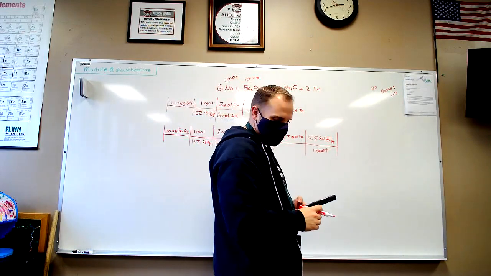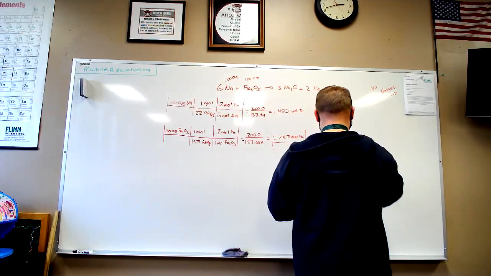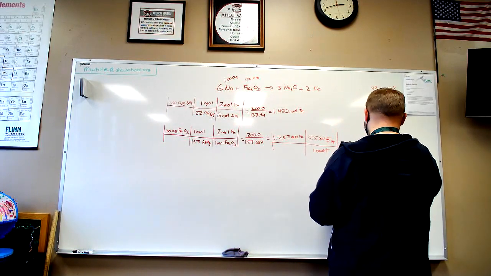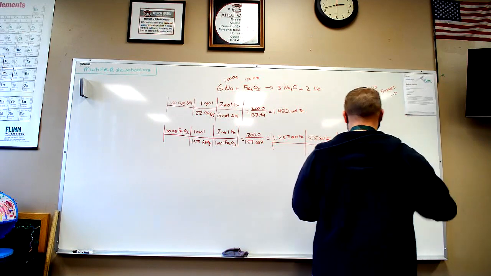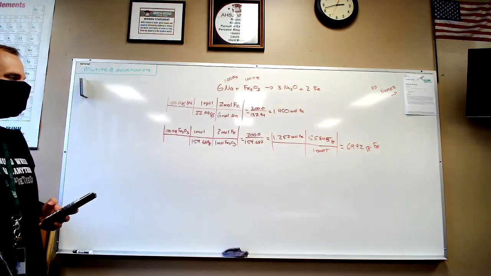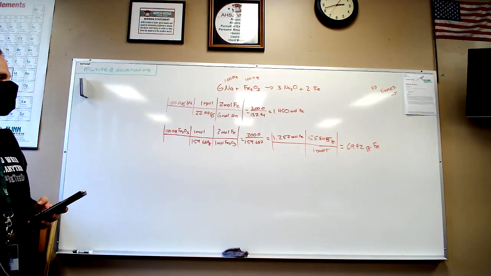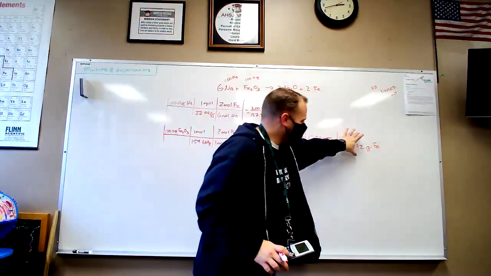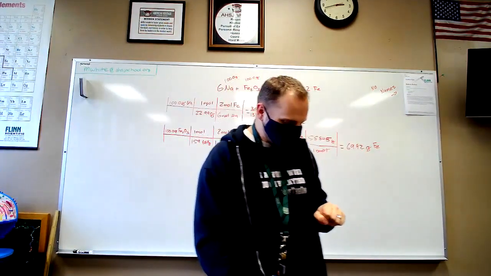And what we end up with is 69.92 grams of iron. Okay, so now we've figured out limiting, excess, mass of iron that you can have.